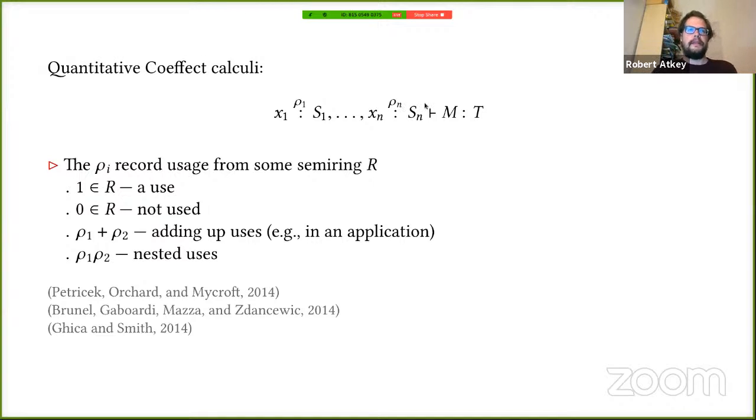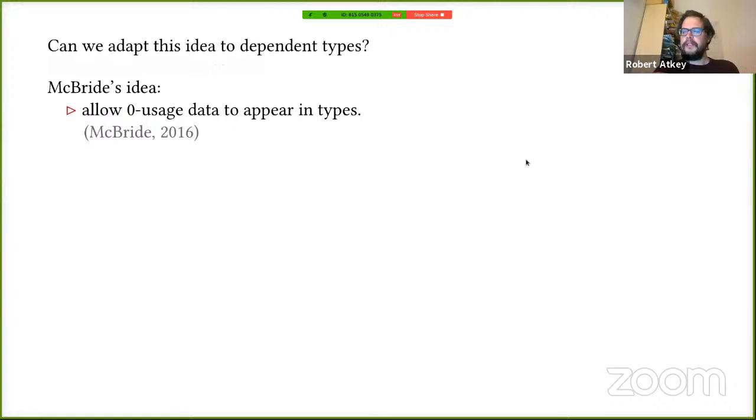Strictly speaking, that depends on exactly what the interpretation of the semi-ring is. But if we say it's not used, that just means we're not going to use it computationally, but we're still free to use it in the types.